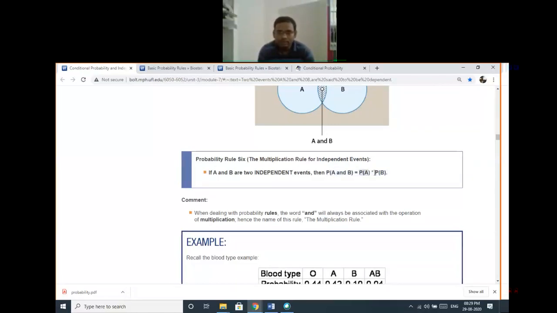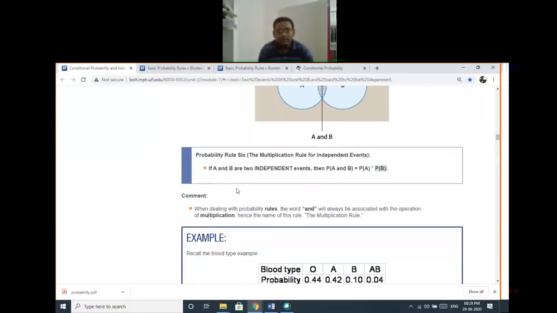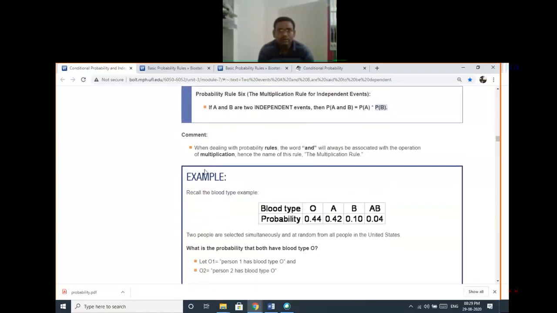We'll solve some problems. When dealing with probability rules, the word "and" is always associated with multiplication, hence the name multiplication rule.